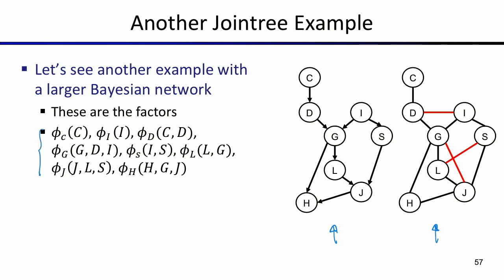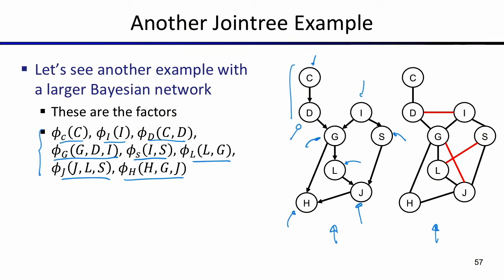These are the factors that we have. So we have phi C for this guy here, phi I for this guy here, phi CD for this guy here, phi GDI for this guy here, phi IS for this guy, phi LG for this guy, phi JLS for this guy here, and phi HGI for this guy here.